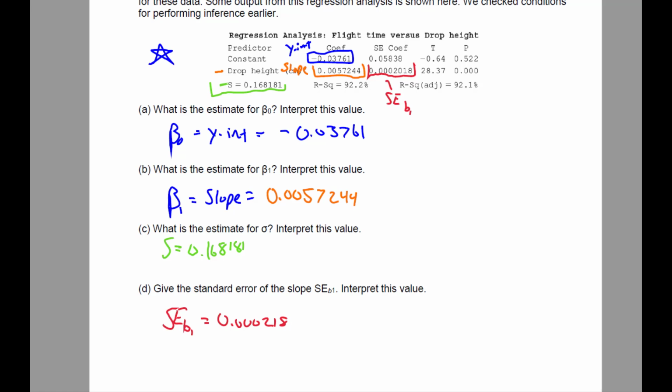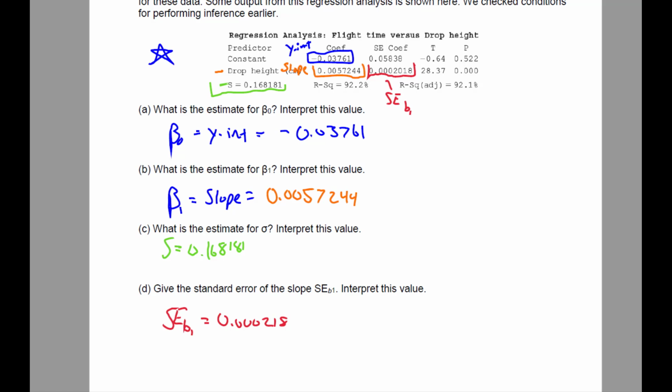And that's saying, for interpreting this, if we repeated the random assignment many times, the slope of the sample least squares regression line typically varies by 0.00218 from the true slope. And that's what it's talking about for those.